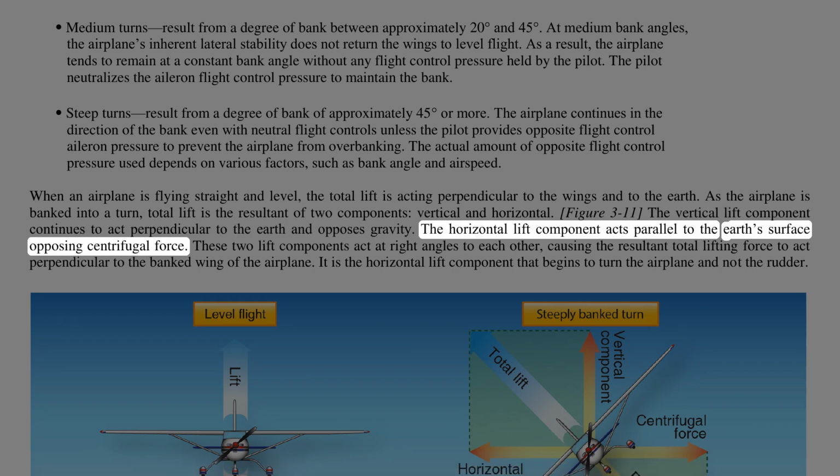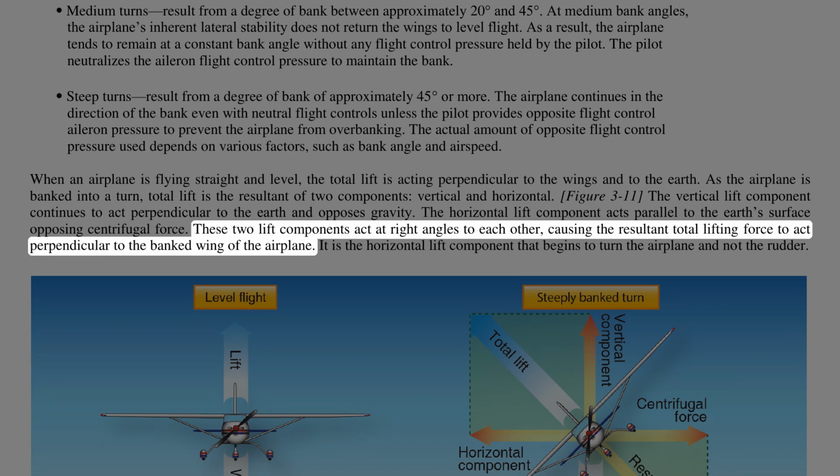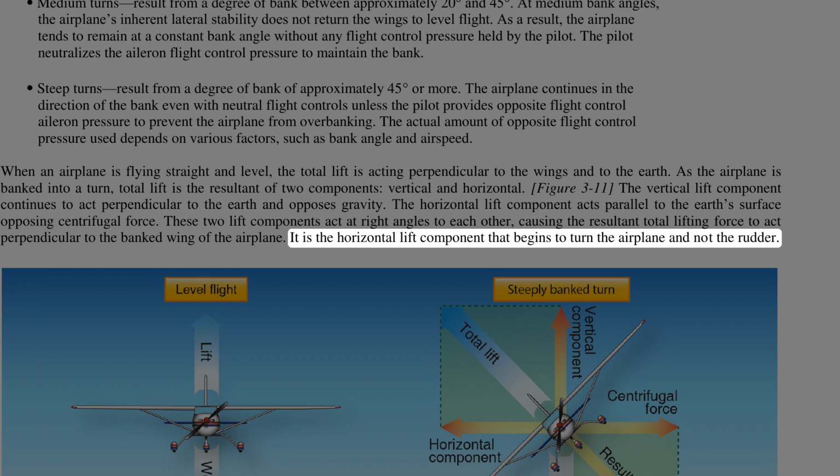The horizontal lift component acts parallel to the earth's surface, opposing centrifugal force. These two lift components act at right angles to each other, causing the resultant total lifting force to act perpendicular to the banked wing of the airplane. It is the horizontal lift component that begins to turn the airplane and not the rudder.